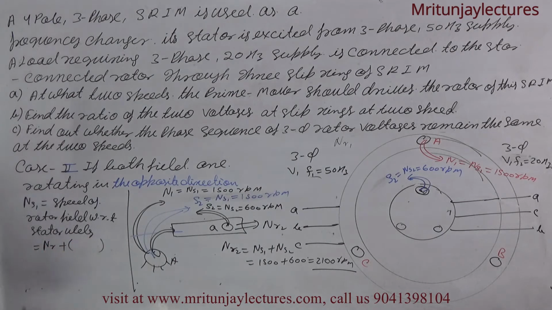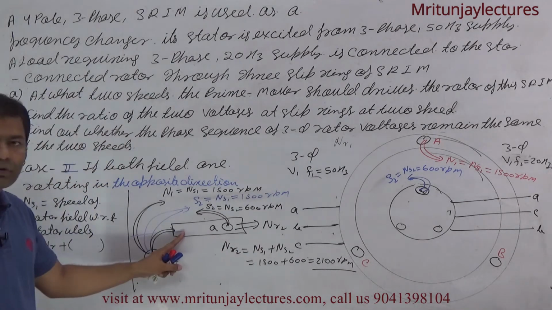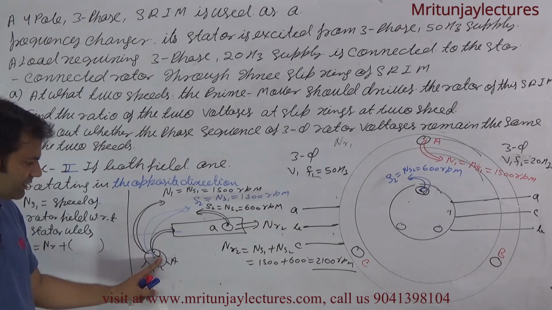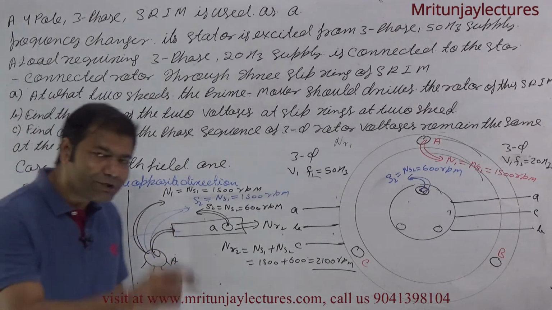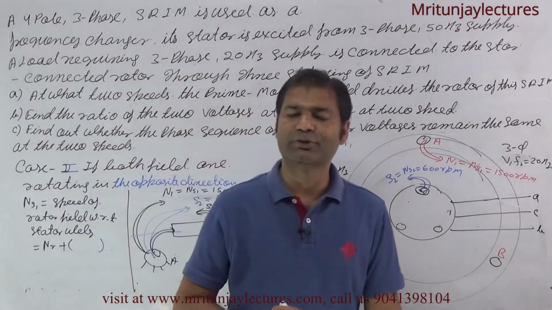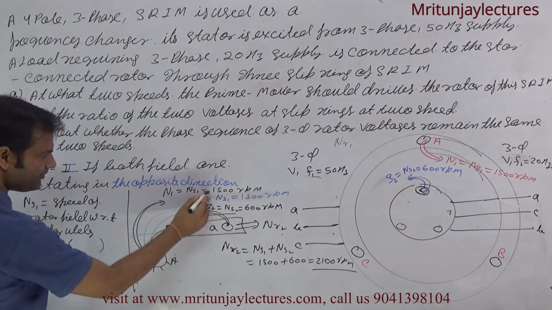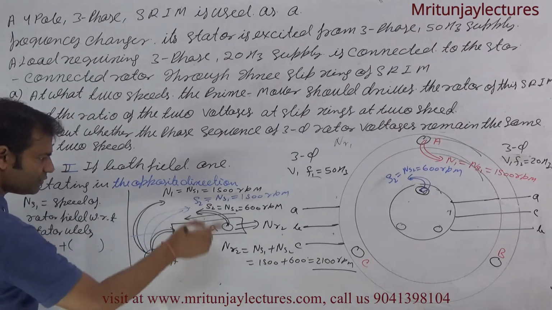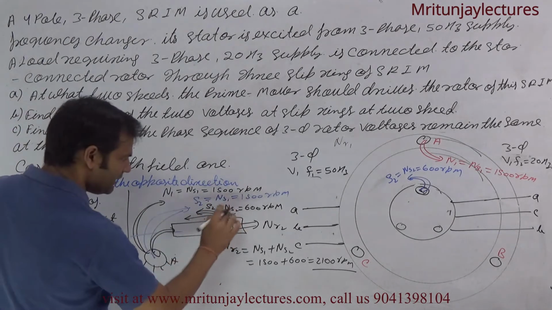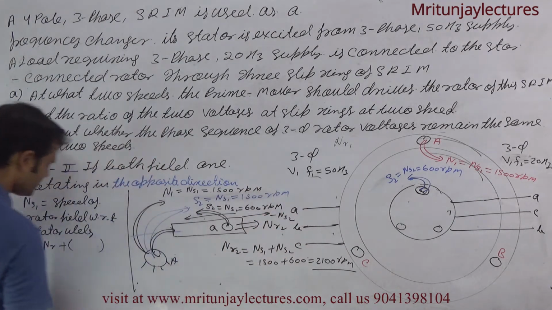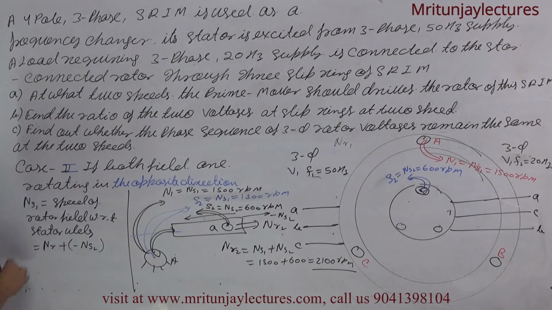Now plus the speed of the rotor field with respect to the rotor winding. Now this direction is the opposite of NS1, so if written as NS2 in the direction of the stator field, this is minus NS2. So NS1 will equal NR plus, or you can say, minus NS2.